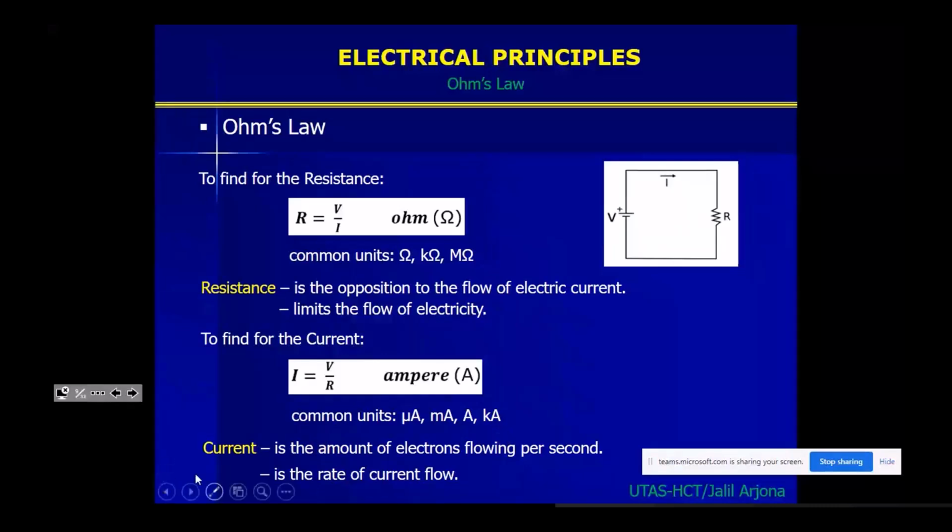The current is defined as the amount of electrons flowing per second. It is not just 1, 2, 3 electrons. There will be billions and billions of electrons flowing every second, depending on the rate of flow. Also, it is defined as the rate of current flow.